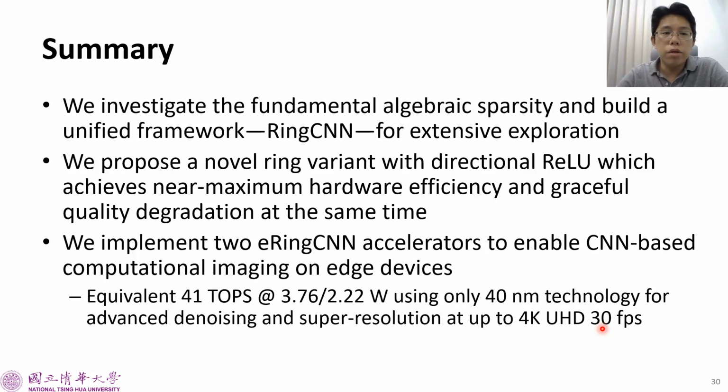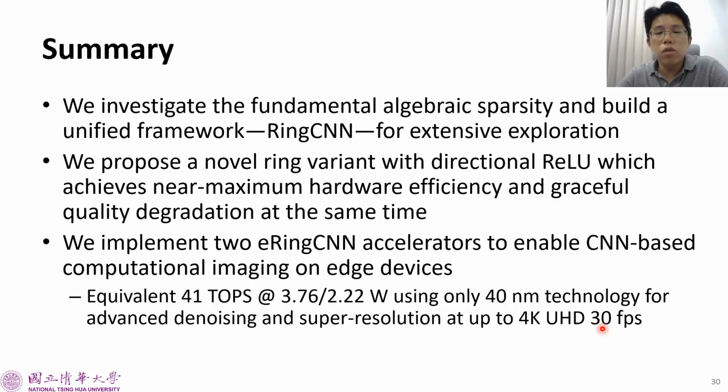This is my summary. We investigate the fundamental algebraic sparsity and build a unified framework RingCNN for extensive exploration. We also propose a novel ring variant with directional ReLU, which can achieve near maximum hardware saving and graceful image quality degradation at the same time.